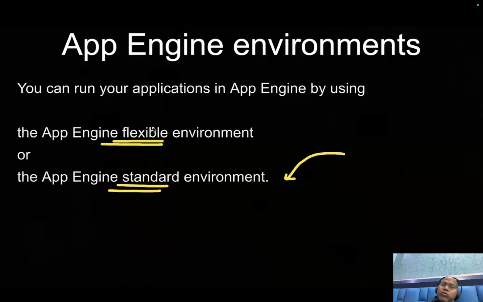The flexible environment is for the scenario where you want to customize your deployment, maybe a specific machine or a specific configuration; that gives control to the customer, who can deploy a custom environment. But with standard App Engine, by default, scalability, security, traffic distribution, load balancing, everything is taken care of by App Engine itself.